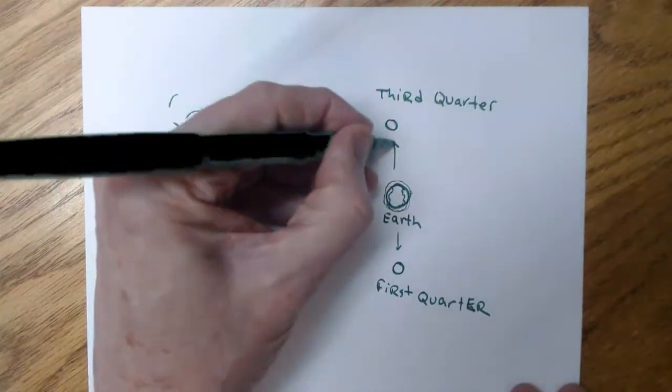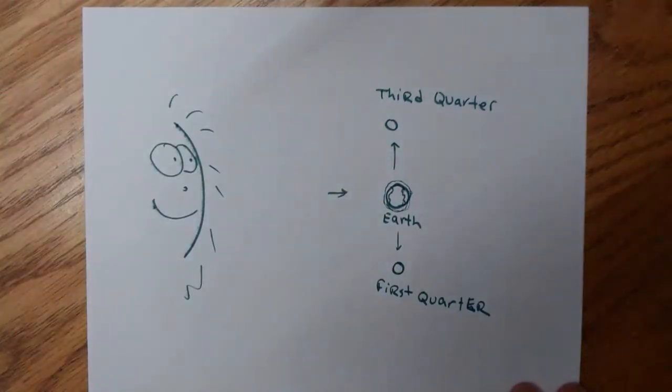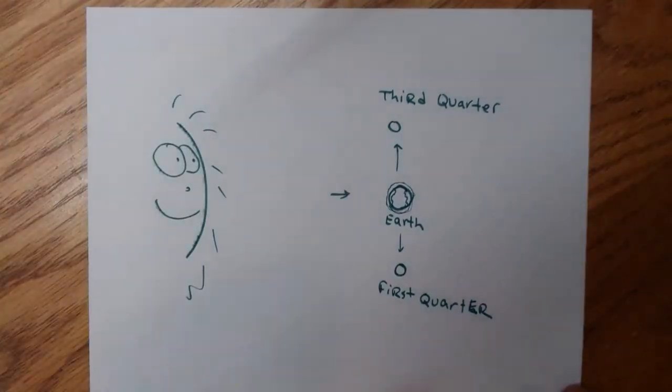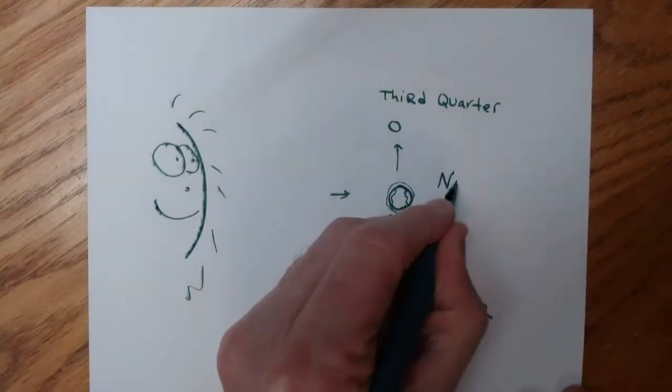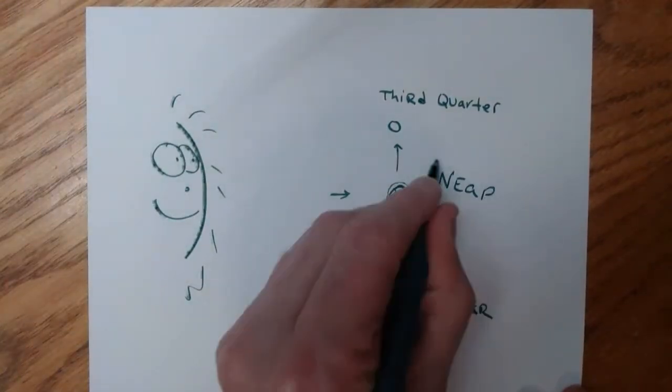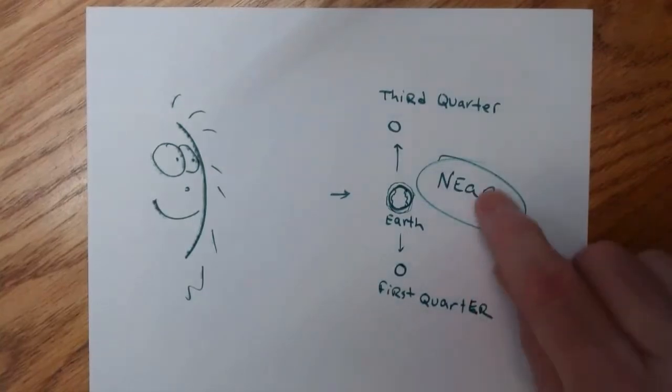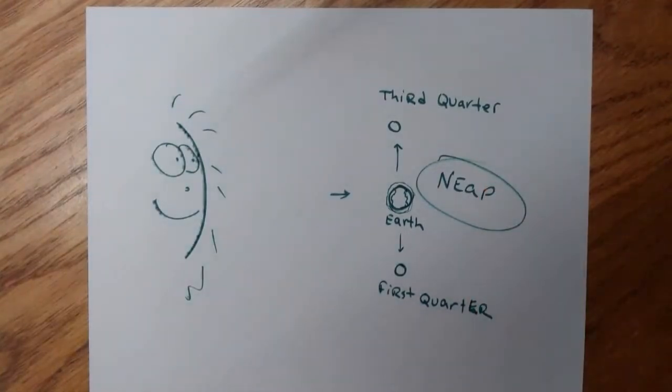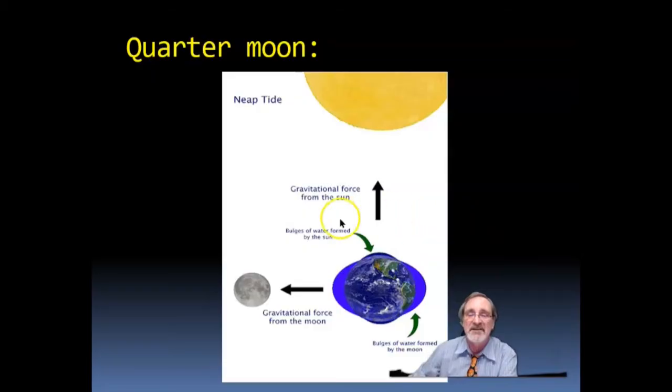The lower highs and a higher low tide, okay? And those are called neap tides. N-E-A-P. Neap. I'm not exactly sure where that comes from, but it sounds like a small thing, doesn't it? Okay, so there we go. That would be a neap tide.